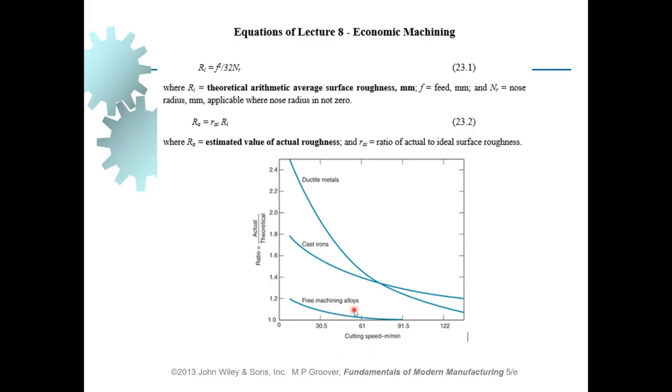Those include free machining alloys, cast irons, and ductile metals. If we know the type of the workpiece material, we make use of the right curve, and the intersection of the cutting speed and the given type of the material will give us a value in the vertical axis, and that value will be used in equation 23.2, making it possible for us to use the theoretical surface roughness and get the value of the actual surface roughness.